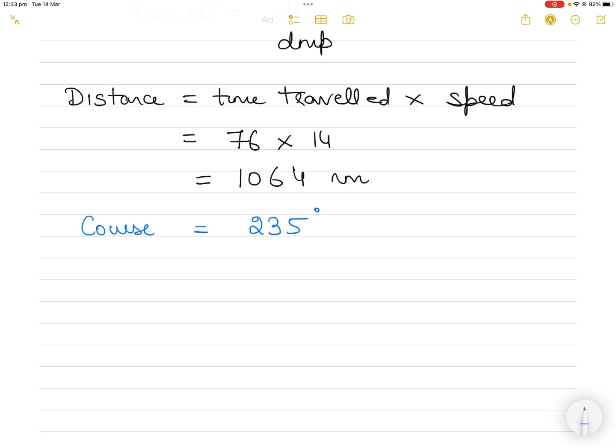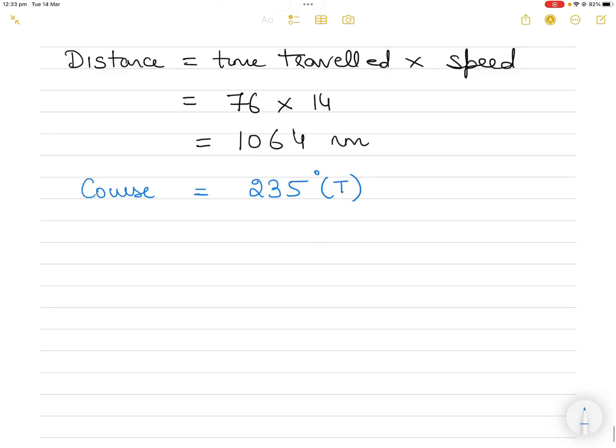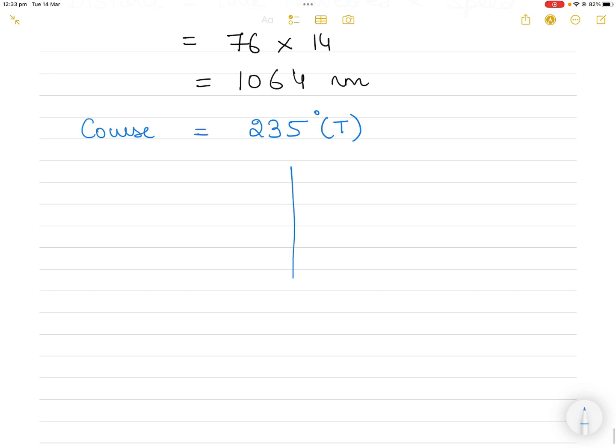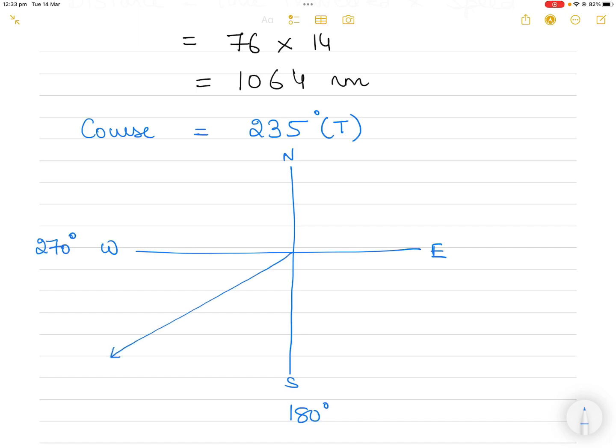Now let's give it a quadrant notation, because it helps us to name our D-lat and D-long. What does that mean? Where does 235 degrees true lie with respect to north, south, east, west? If south is 180 and west is 270, 235 would be somewhere here.